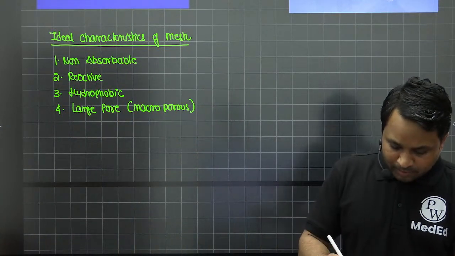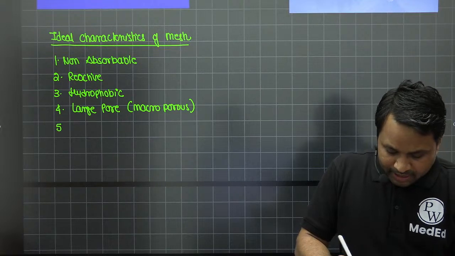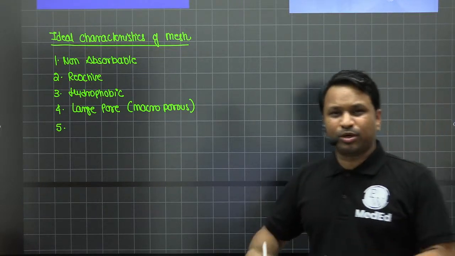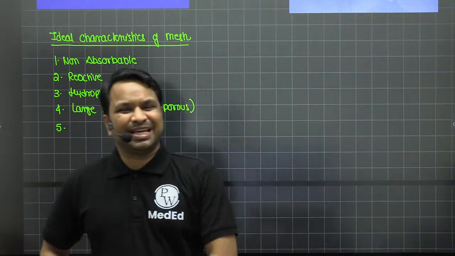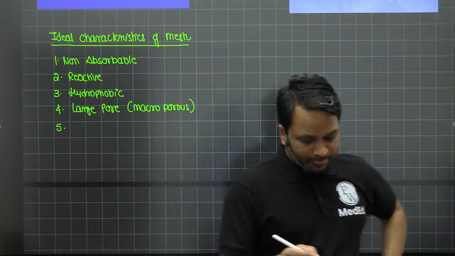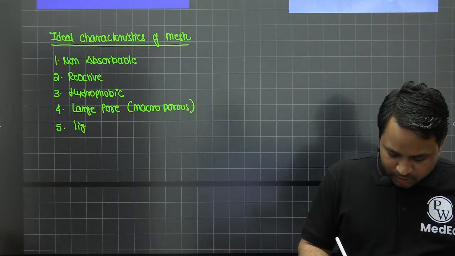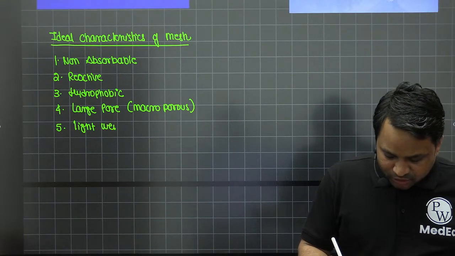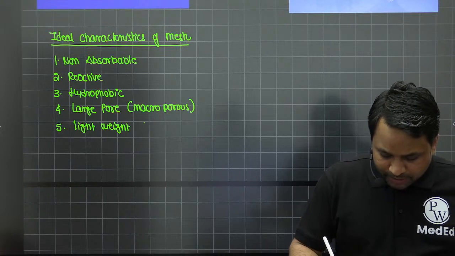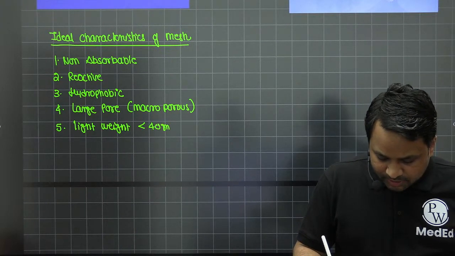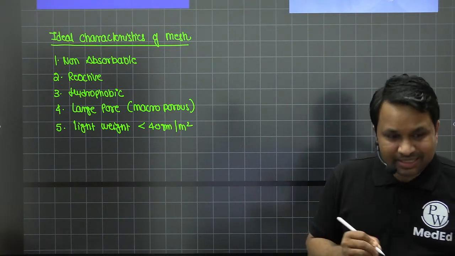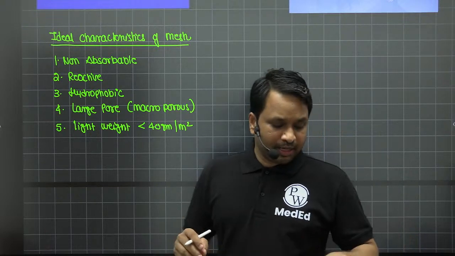So large pore or macroporous is important. Also, if you put a mesh, the patient should not feel something is there. It should be very lightweight, measuring less than 40 grams per meter square. This is the weight that we recommend.